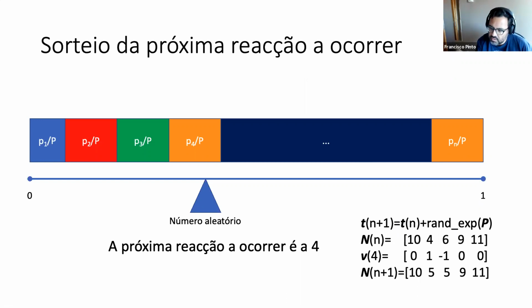So you can choose the time unit of your system so that the sum of all the propensities during all the simulation will be very low. Okay, so that's a way to make sure that the Gillespie simulations provide exact results.